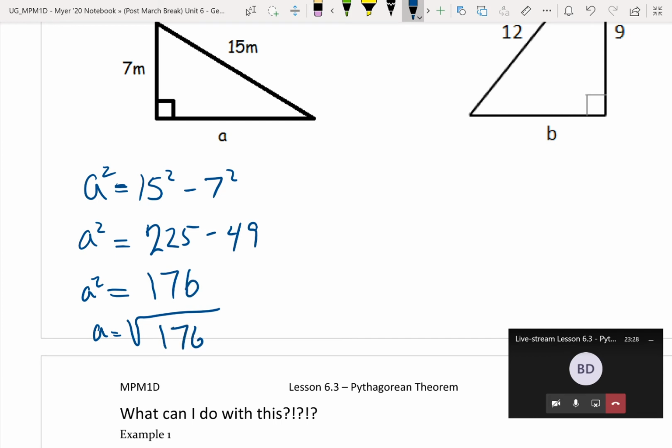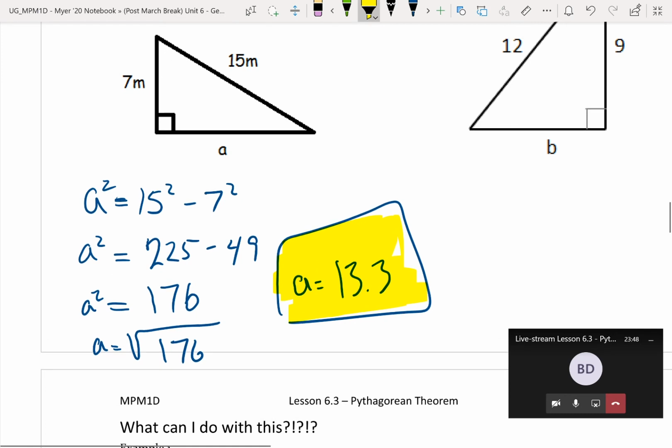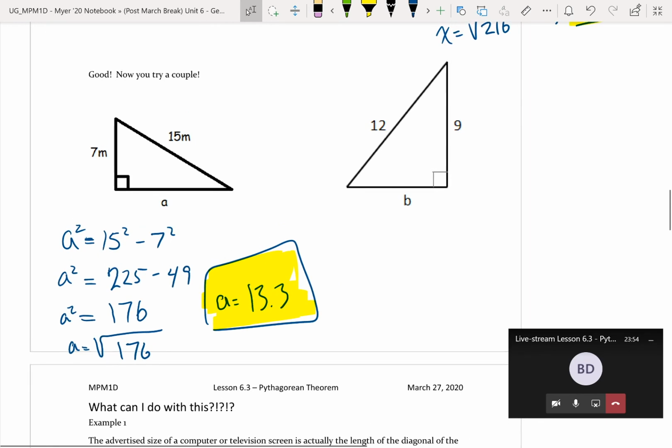So we're finding the square root of 176. A equals 13.3. And then we'll verify that it makes sense. We're going to look at our drawing. Does 13.3 make sense? It does, because it's less than 15 and it's more than 7, which visually lines up well with that triangle.